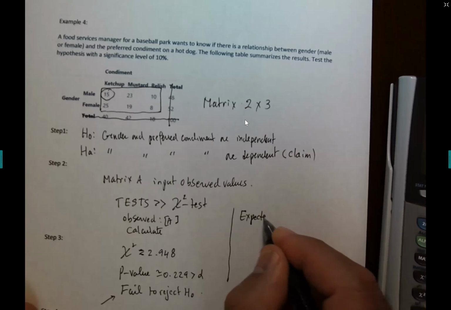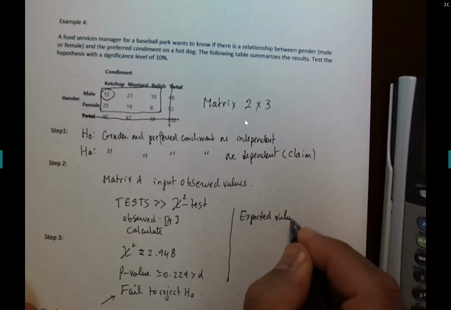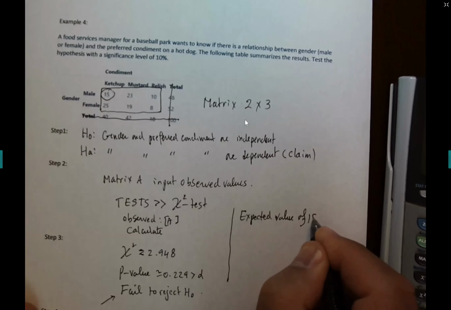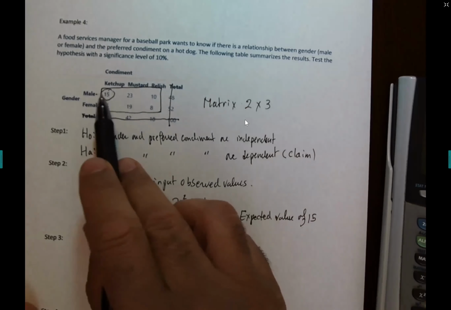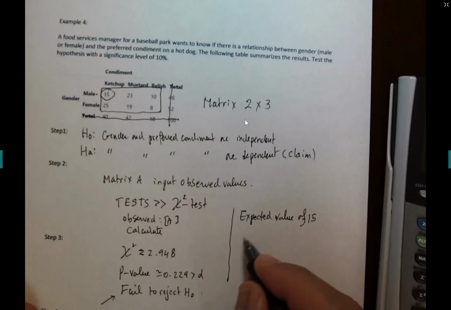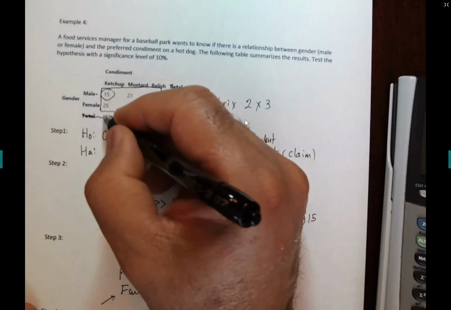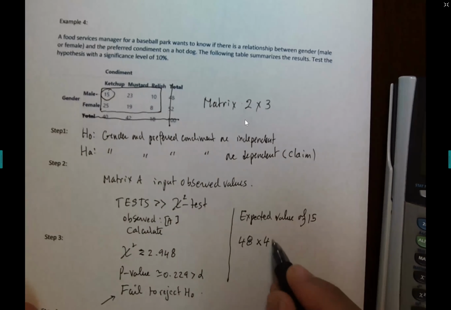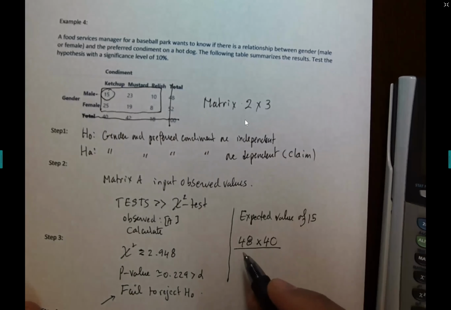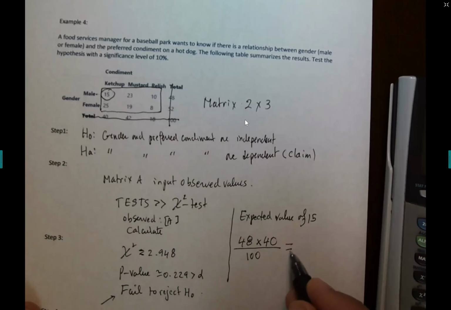Expected value of 15. In row 1, the total is 48, so you put 48 times the column 1 total, which is 40. And then divide by the grand total, which is what? 100. Can you guys do this for me and tell me what you come up with?